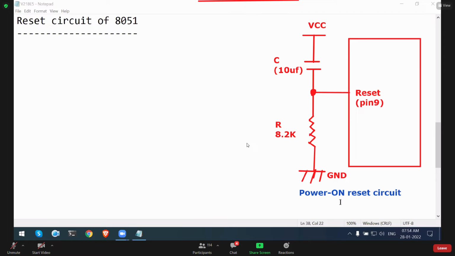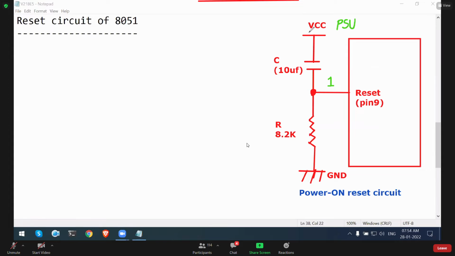See, your final target is, if you want to reset 8051, you have to give 1, or 5 volt, on this reset pin. That's it. This VCC comes from the power supply unit.